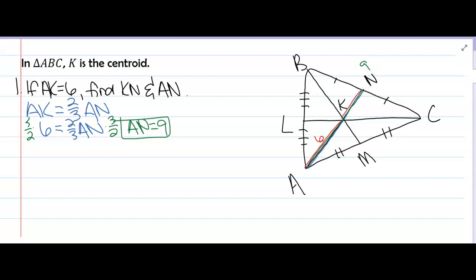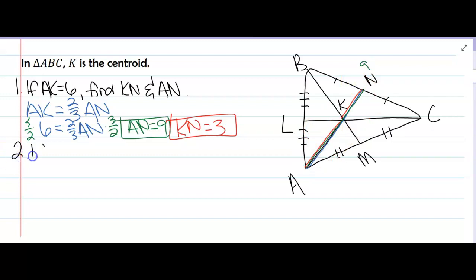Now, there's a couple ways you could do this. Probably the simplest way, if you know the whole thing is 9, if that much of it is 6, well, the rest of it, KN, it'd have to be 3, right? If the whole thing is 9, I know part of it is 6. The rest of it's going to be 3. That's probably the easiest way to do it. Let's just keep it simple. Okay, let's try another one.